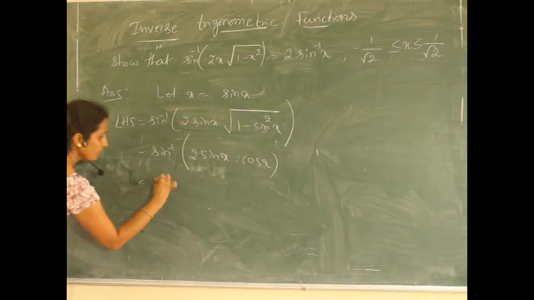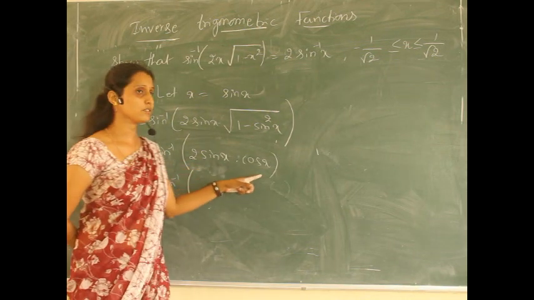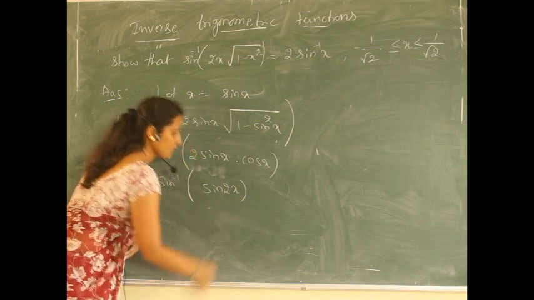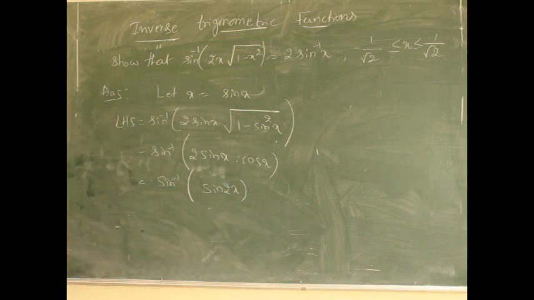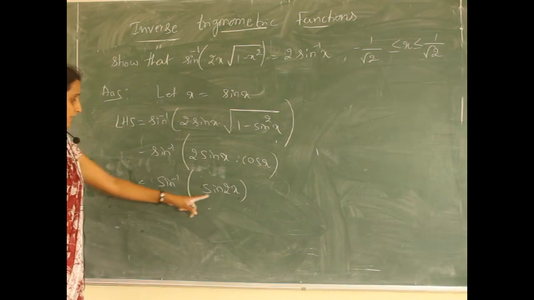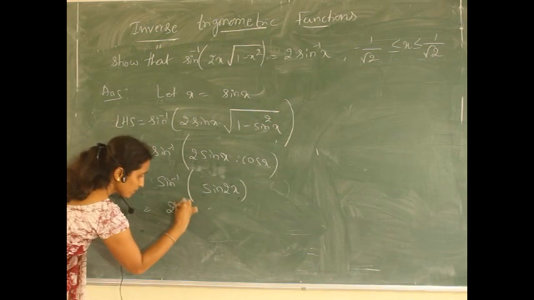So this is sine inverse of 2 sin theta cos theta, and this is the formula for sine 2 theta. So we have sine inverse of sine 2 theta. Sine and sine inverse are inverse functions, so we can cancel and get only 2 theta.